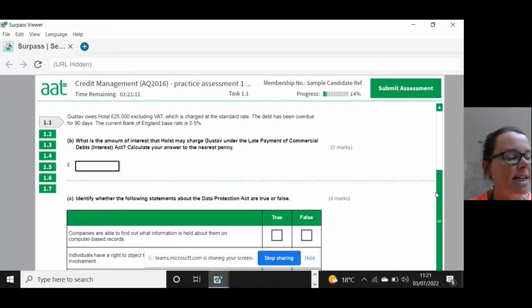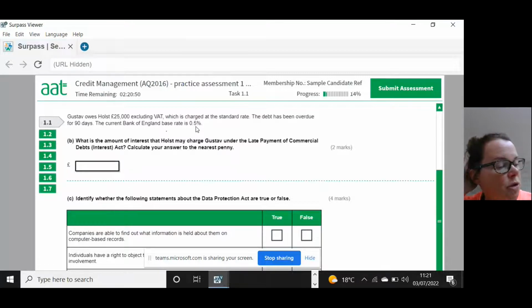Right, so the calculation I need to do here is the 25,000 plus the VAT. So I'm going to do 25,000 times 1.2, which gives me 30,000. And then I'm going to multiply that by 8.5% because it's 8 plus the base rate.